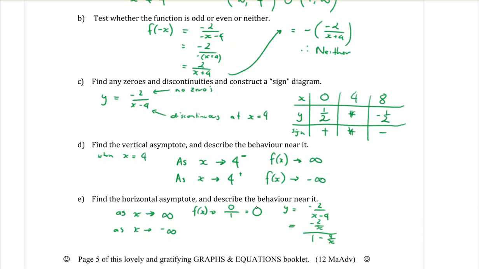And we can do a similar thing for negative infinity. Now, if you sub in negative infinity, this is still approaching 0, and this is still approaching 0, so it's still 0 over 1, so that's going to be approaching 0 as well.